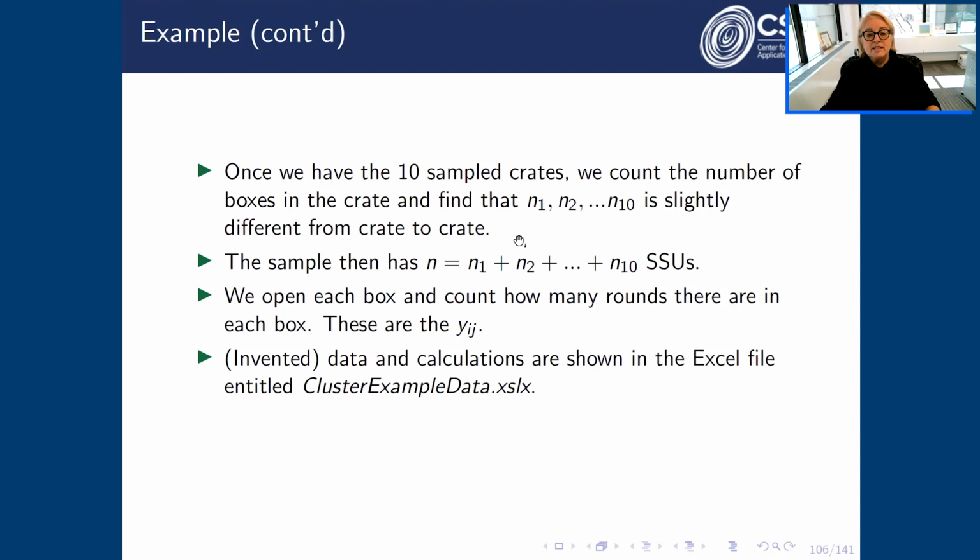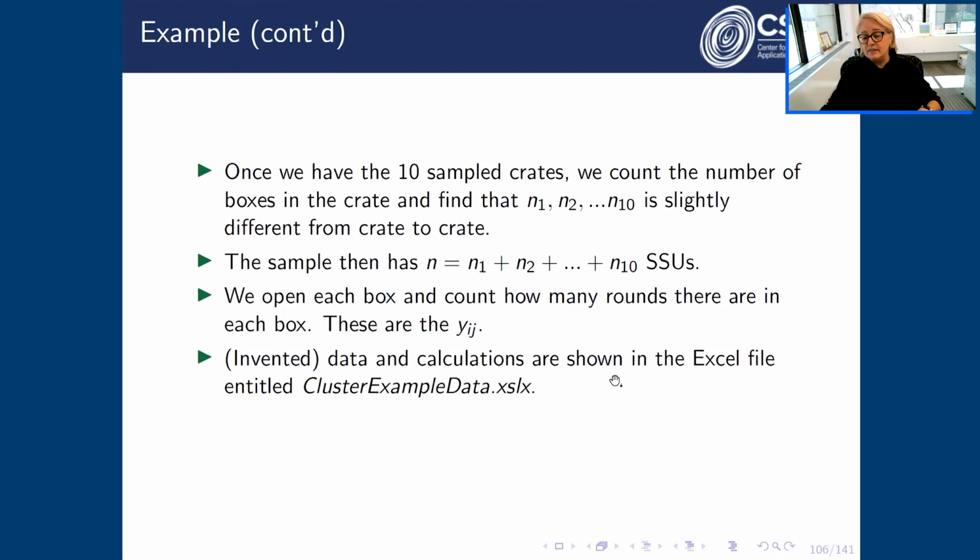And so the entire sample is going to have the sum of these within-cluster totals, a total of little n secondary sampling units in my sample. And in each one of these crates, I open each box and count how many rounds there are in each box, and these are my observations.